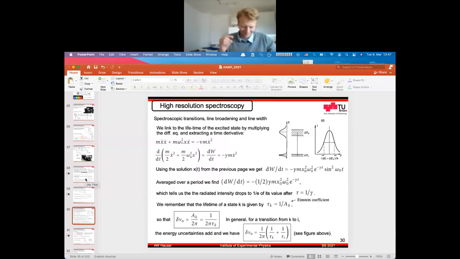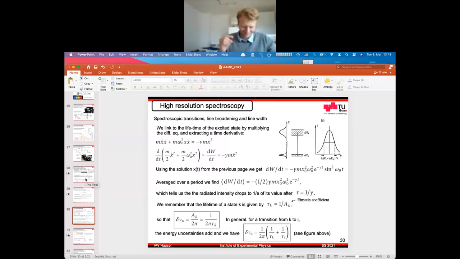So if you have some delta t, you have a delta E, and this translates into a delta nu, a certain uncertainty with respect to energy, and therefore a slight broadening of your line simply out of the quantum nature of the system you're studying.